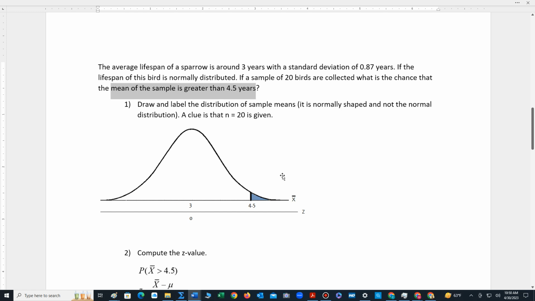It's called the distribution of sample means. Now it has a normal shape, but every value on this distribution are different sample means that have been collected from the population and have been used to construct this distribution.